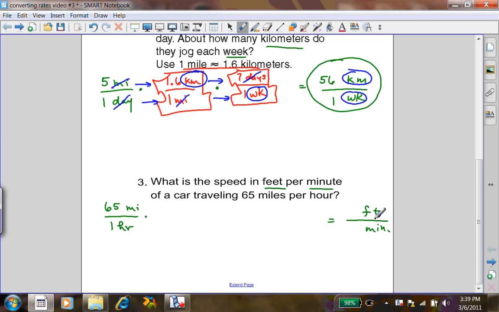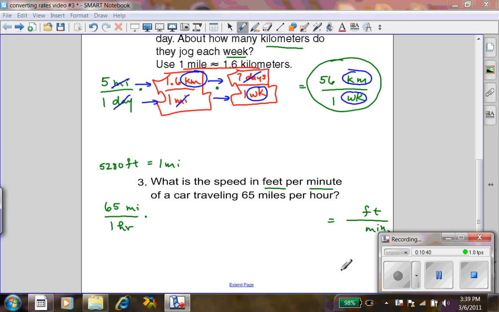So that means I need to know how many feet are in a mile, and hopefully you remember that already. If you don't, I will give you a hint. There are 5,280 feet in 1 mile. Go ahead and pause me, and I want you to figure out which conversion factor you should use, which Mr. 1 should you multiply by to get rid of the miles.